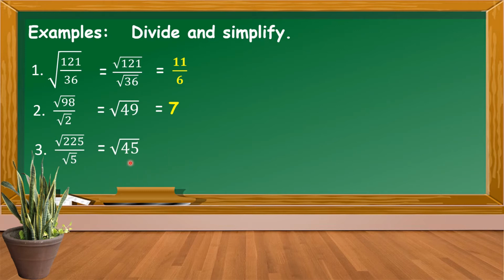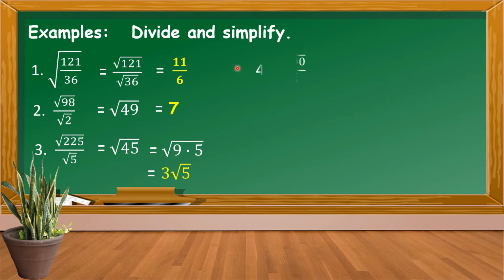Then, 45 is not a perfect square, but it has factors where one factor is a perfect square. That is 9 and 5, or 9 times 5 equals 45. The square root of 9, we take out, that is 3. 5 is left as our radical because 5 is not a perfect square. So, our final answer is 3 square root of 5.